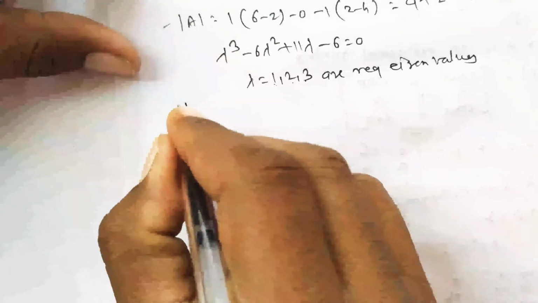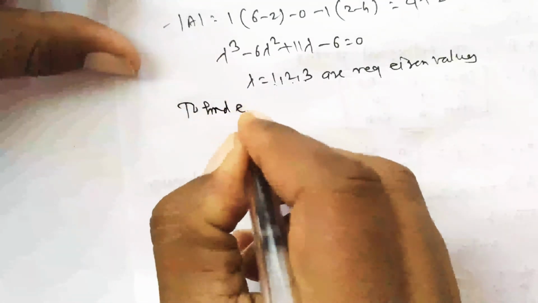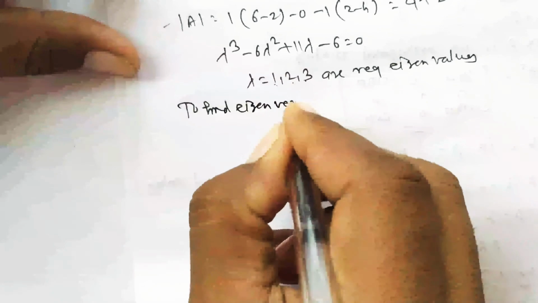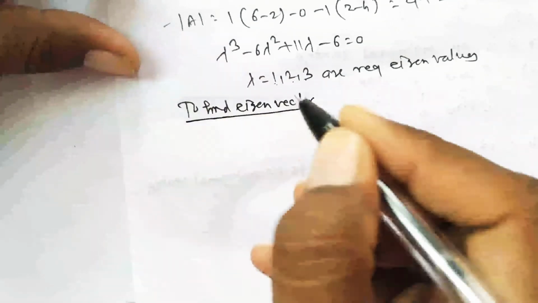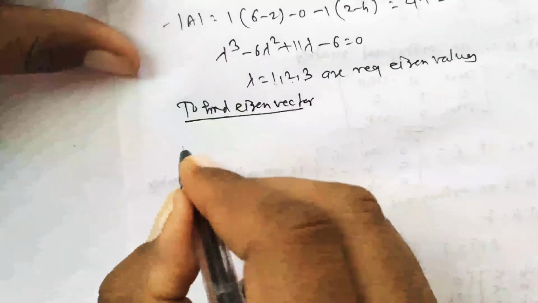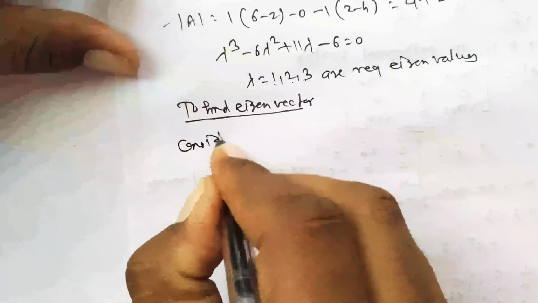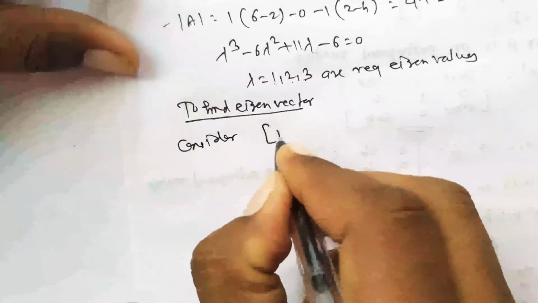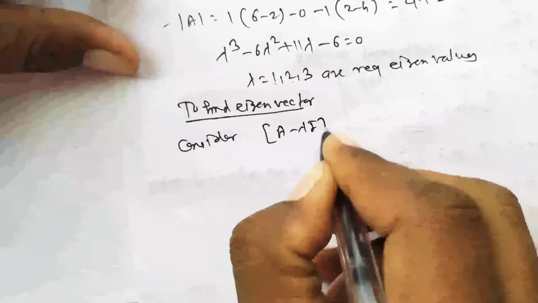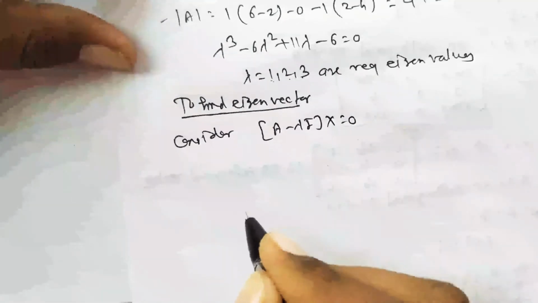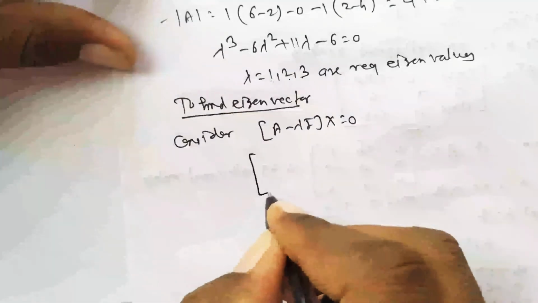Now after eigenvalues we have to find the eigenvector. Now how do we find the eigenvector? For that we have to consider the characteristic matrix (A minus lambda I) into x equal to 0. Now how do we write the A minus lambda I matrix?